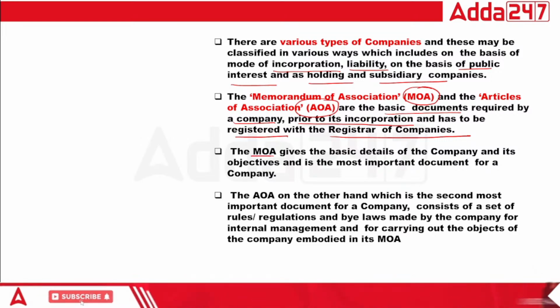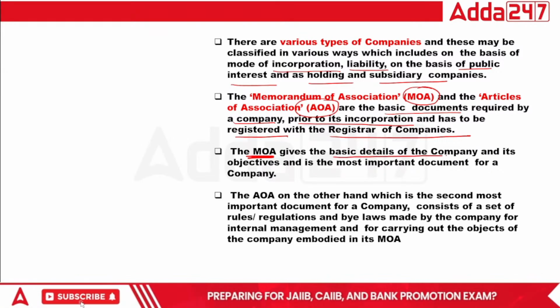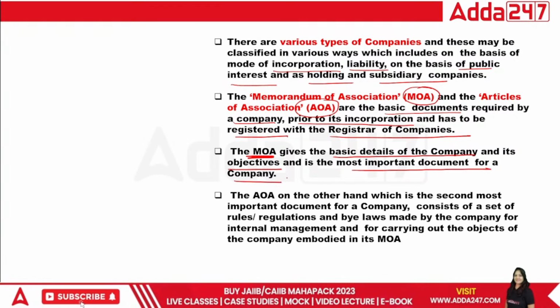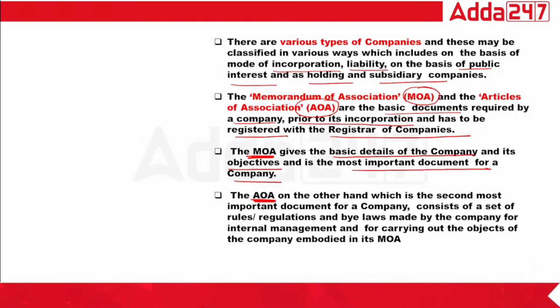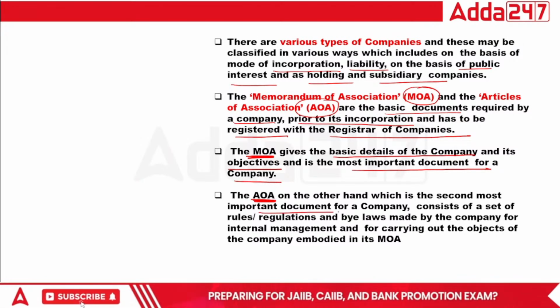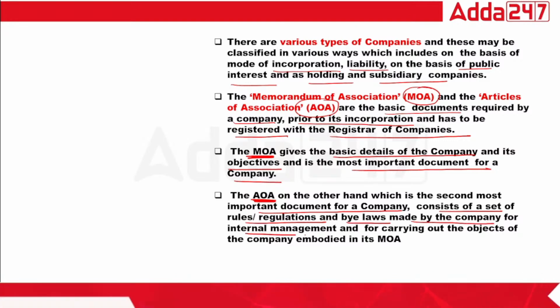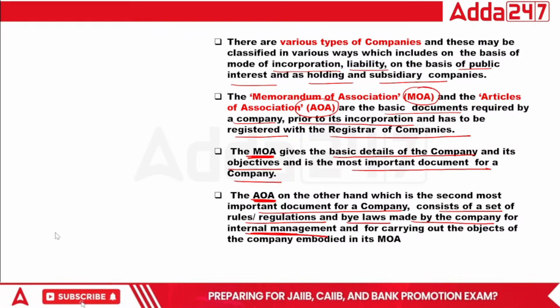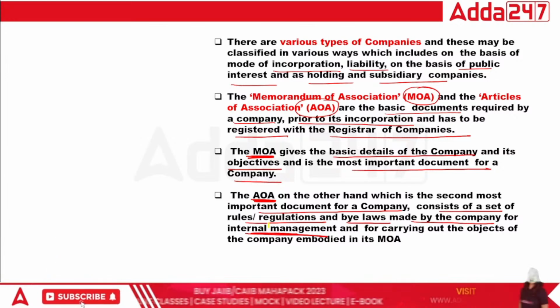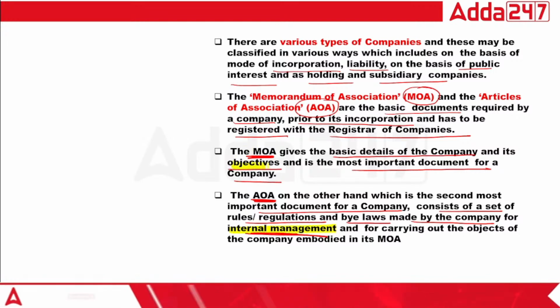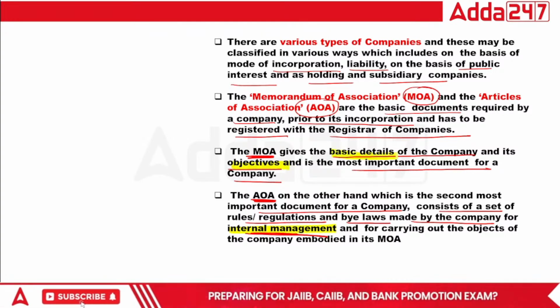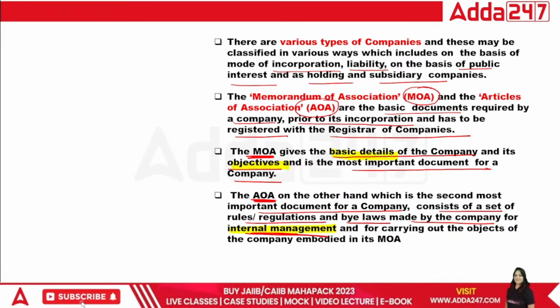What is MOA? The MOA gives the basic details of the company and its objective, and is the most important document for a company. And what is AOA? It consists of a set of rules, regulations and bylaws made by the company for its internal management. So the AOA talks about internal management, and the MOA gives the objective and basic details of the company.